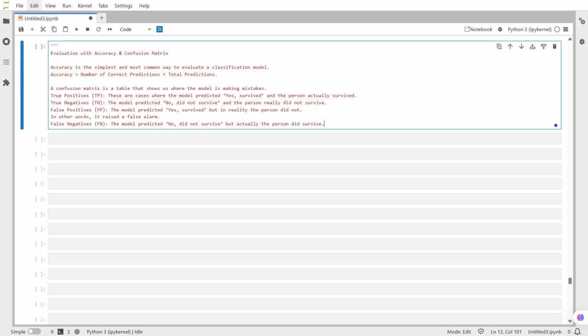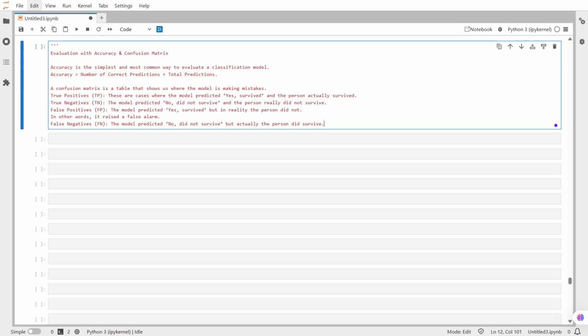Different applications care about different mistakes. In spam detection, a false positive means a good email got marked as spam. In a medical test, a false negative means a sick patient was told they are healthy, which is much more dangerous. So the confusion matrix gives us deeper insight beyond accuracy.